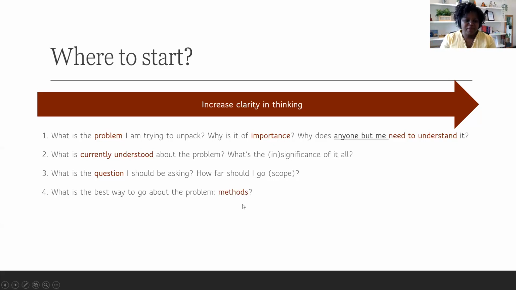Then you have to think about what's the best way to go about the problem. What are the methods that you are going to employ in order to address this problem? And this is something that people are fussy about because normally they don't care what you find out. I think in an academic setting, we are always interested in how did you come to know this?